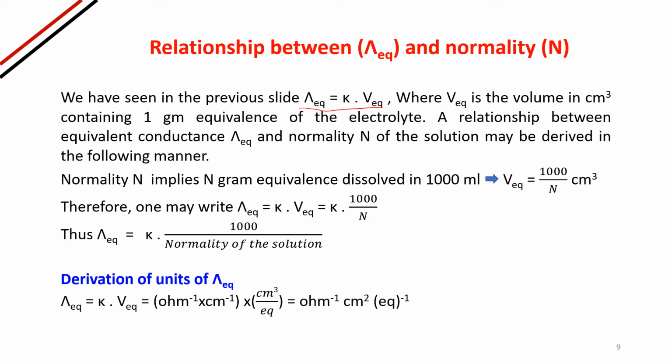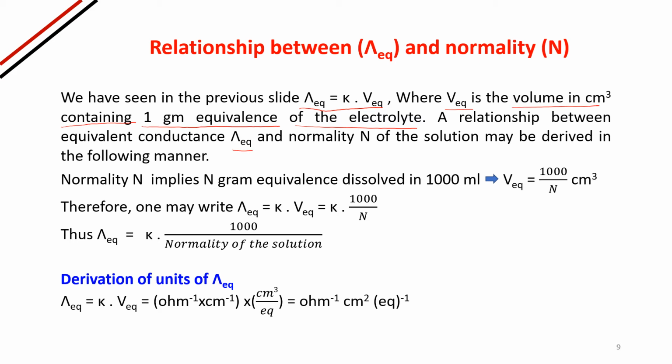Okay, V equivalence is the volume in centimeter cube containing 1 gram equivalence of the electrolyte. A relationship between equivalent conductance lambda equivalence and normality N of the solution may be derived in the following manner.